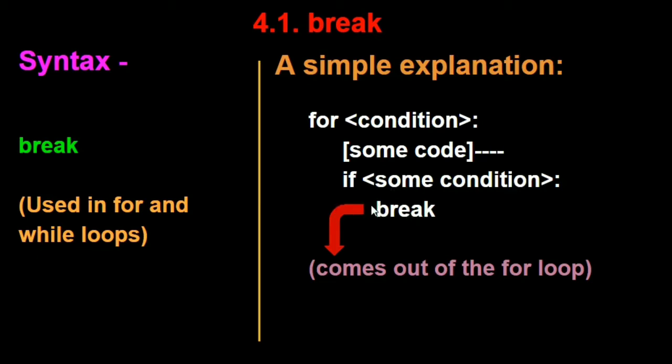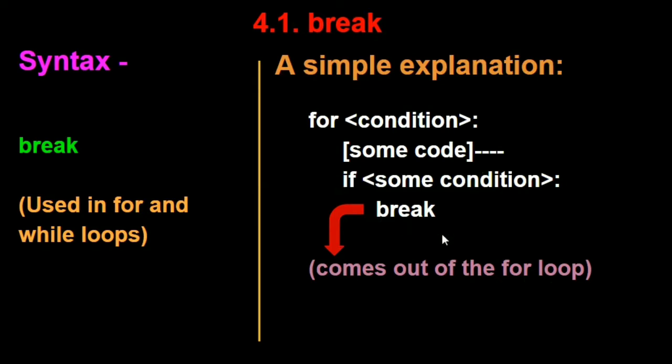You don't want any other action to get executed after that. You say break. What it does is simply come out of the for loop. Your code stops executing and that's it.